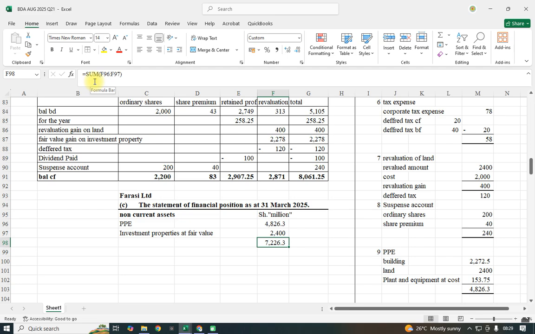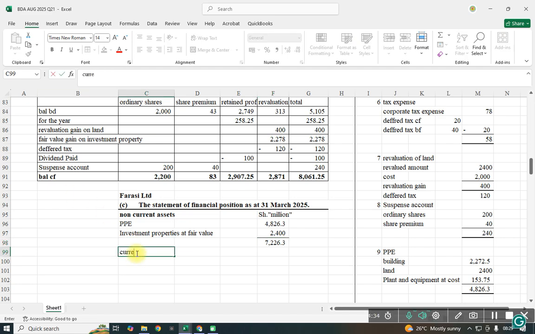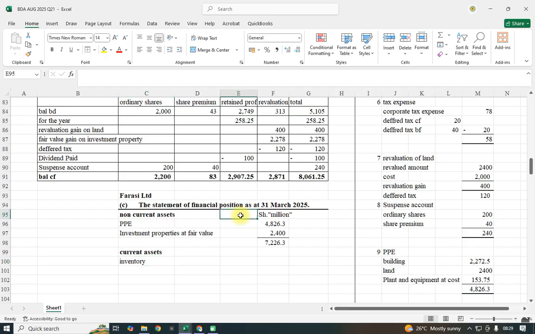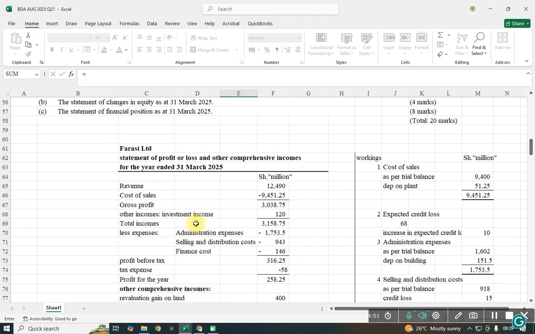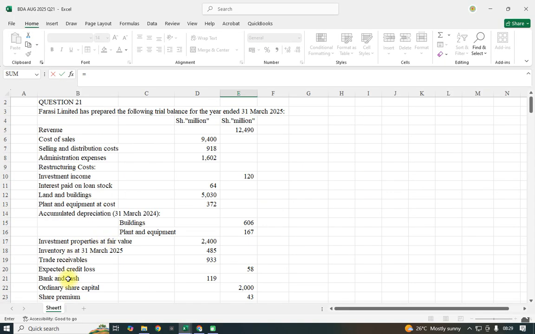Then we go to current assets. For the current assets, we had the inventory. The one that has been given in the trial balance was the closing inventory.